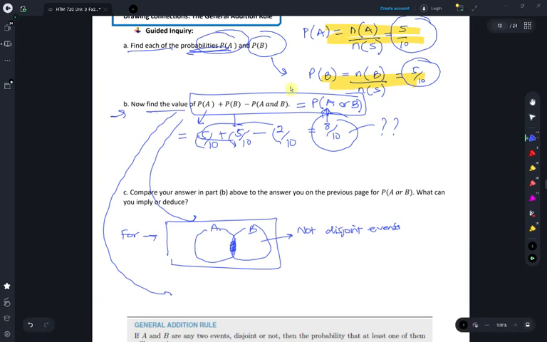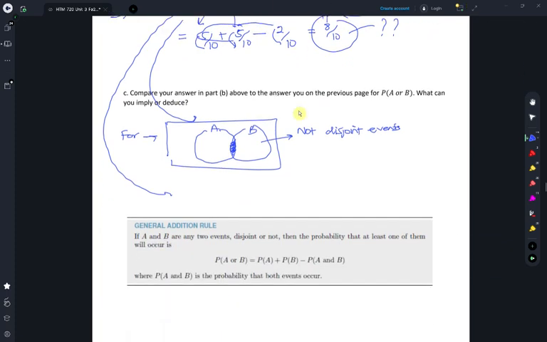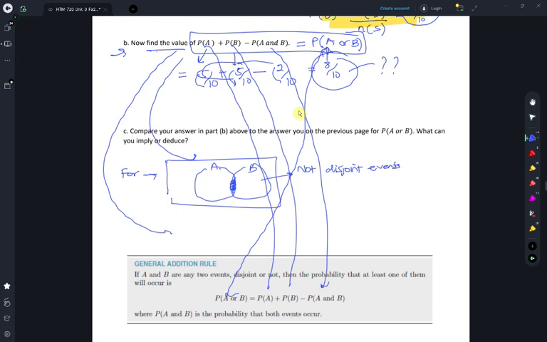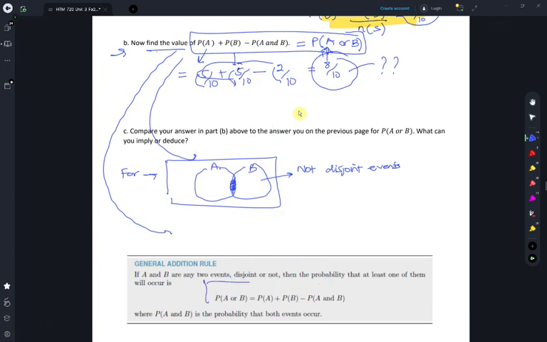The general addition rule of probability says that the probability of A or B is equal to the probability of A plus the probability of B minus the probability of A and B. So that is very crucial.